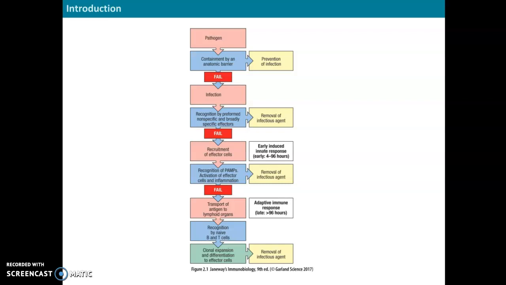This is done in a non-specific way. So these are broadly specific effector cells with broadly specific recognition. And so hopefully they will be able to remove the infectious agent.